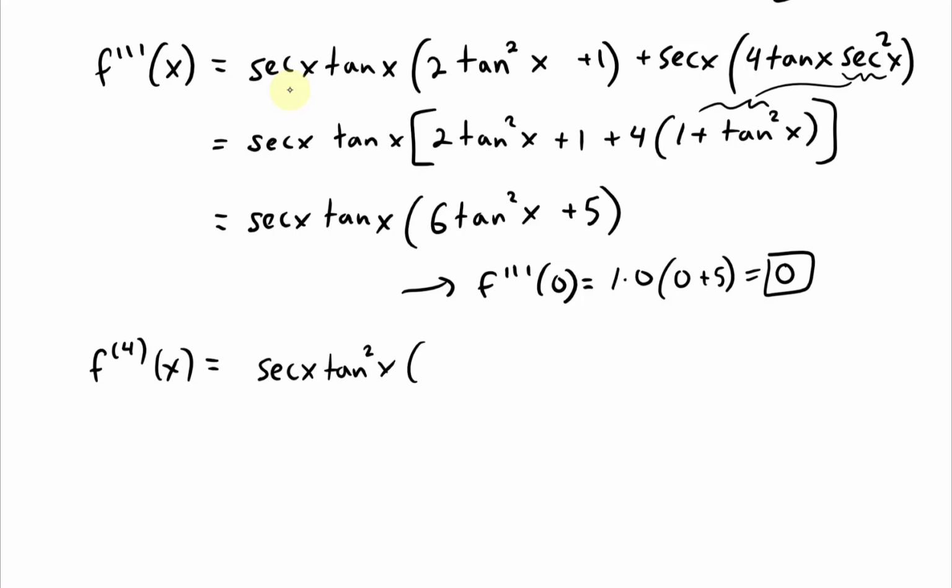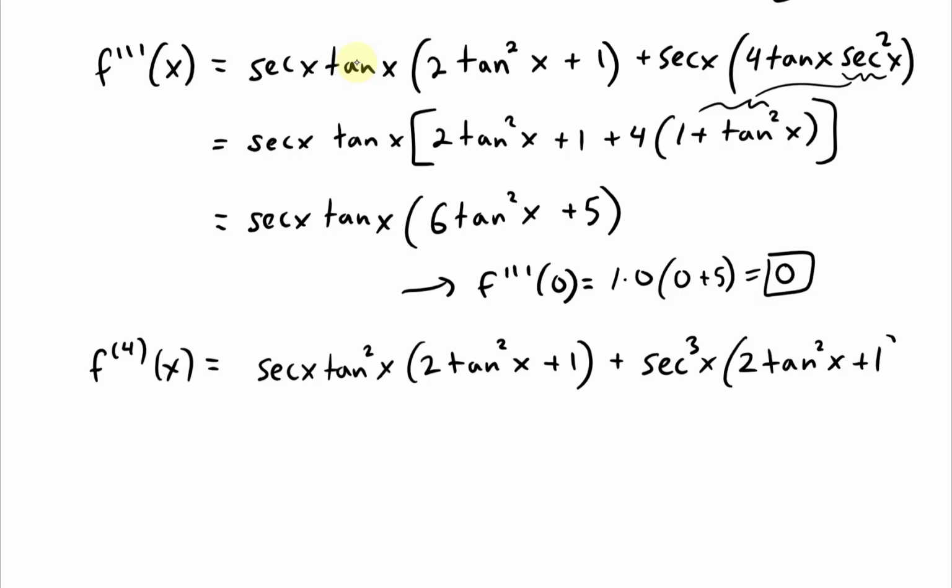Then multiplied by the rest, which is 2 tan squared x plus 1, like that. Put this plus over here. And now the next one is tan, so the derivative of tan x is secant squared. So we're going to have a secant cubed x, because we already have one there. And then times 2 tan squared x plus 1.